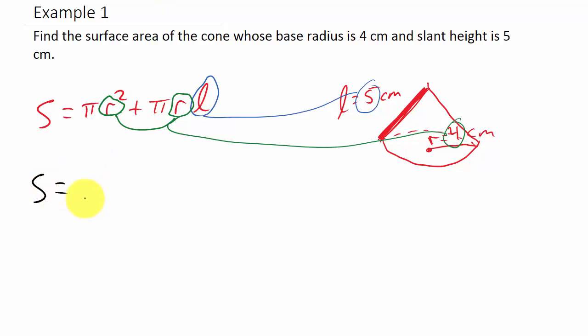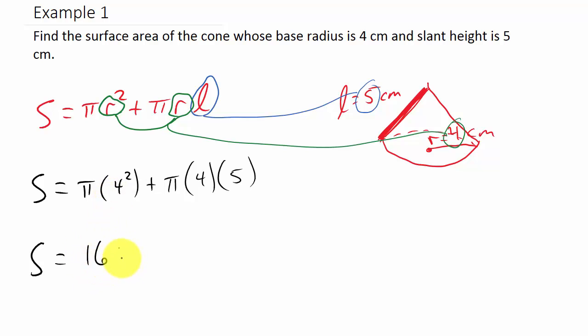So the surface area is pi times the radius squared, so that's 4 squared, plus pi times r, which is 4, times L, which is 5. And 4 squared is 16, so 16 pi plus 20 pi. That's going to give us 36 pi.